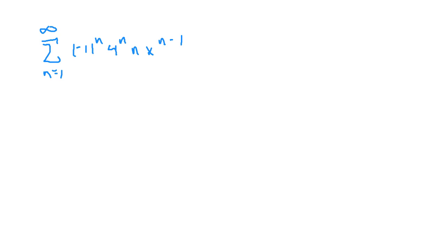All right, this is the power series that we're at. But what they do in this problem is they say, okay, well, let's start the power series at n equals 0. Let's go back to n equals 0. But if we do that, then we have to make an adjustment on the powers.